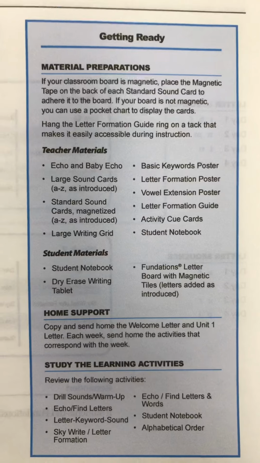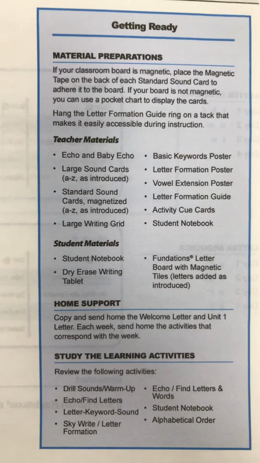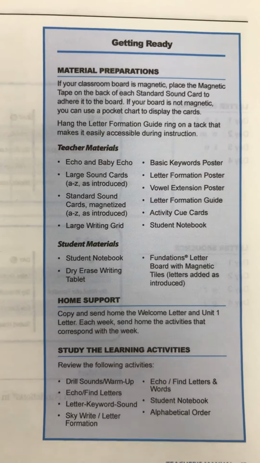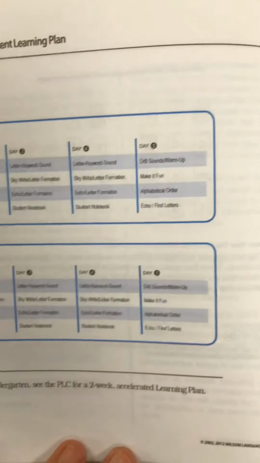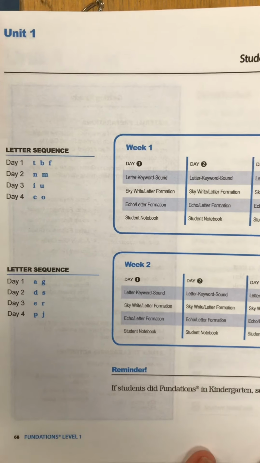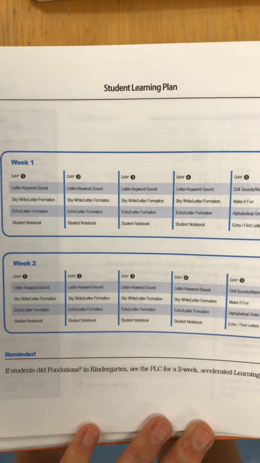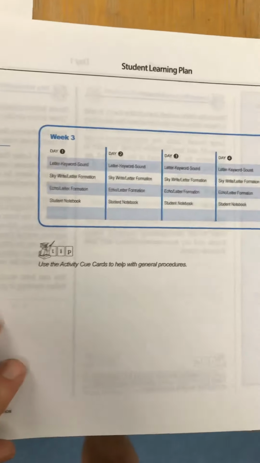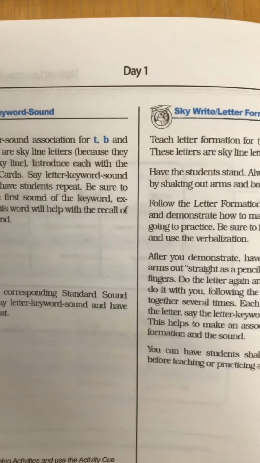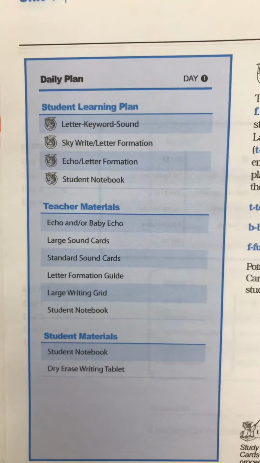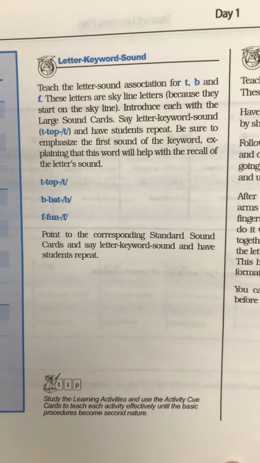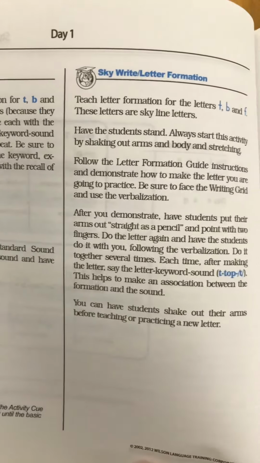This tells you what to get ready, what posters you should have out, different materials you'll have, and then it breaks it down by the sequence that you're supposed to teach the letters in weeks 1, 2, and 3. So then it goes into the plan, day 1. Here's your daily plan. And then it literally breaks it down and scripts it for you.